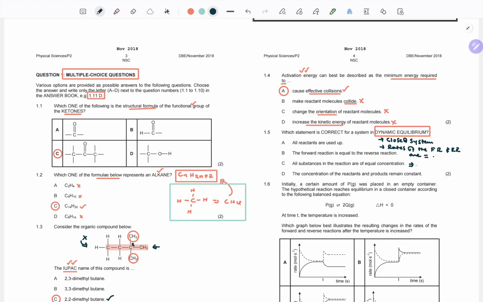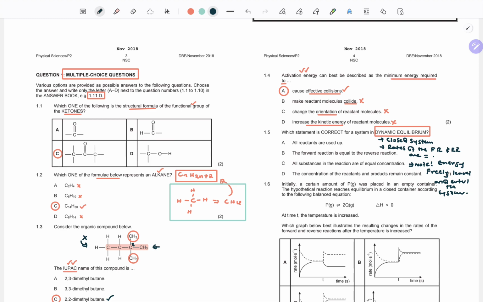Now, of note is that in dynamic equilibrium, energy is free to enter, or we can say energy freely leaves and enters the system, right?